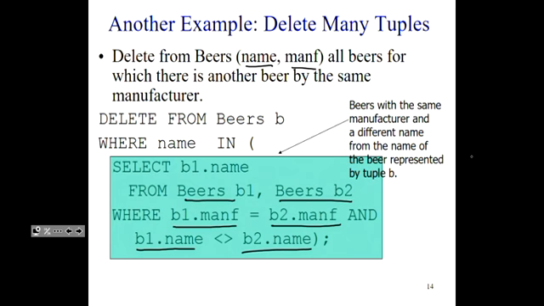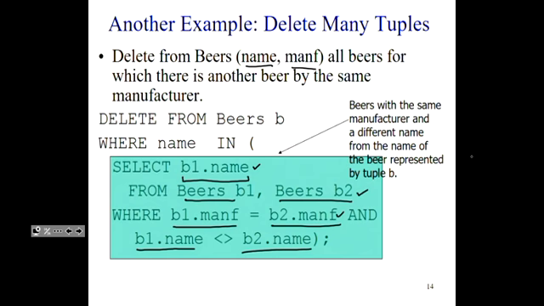So what is going on here, let me go step by step. I'm starting with a join of b1 and b2, and I want to match up the beers that have the same manufacturer but two different names. So I've matched up all of those beers, and then I've selected b1.name such that there's another beer that is manufactured by the same manufacturer.